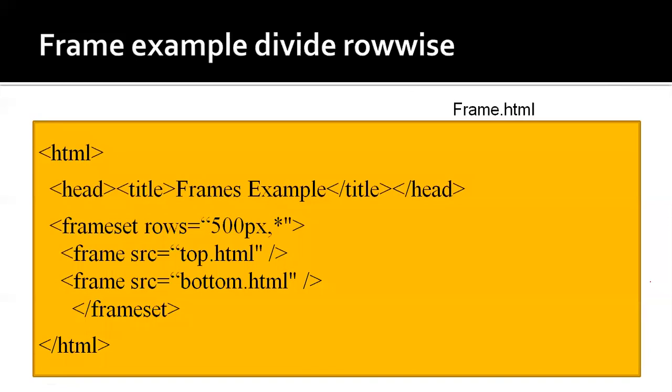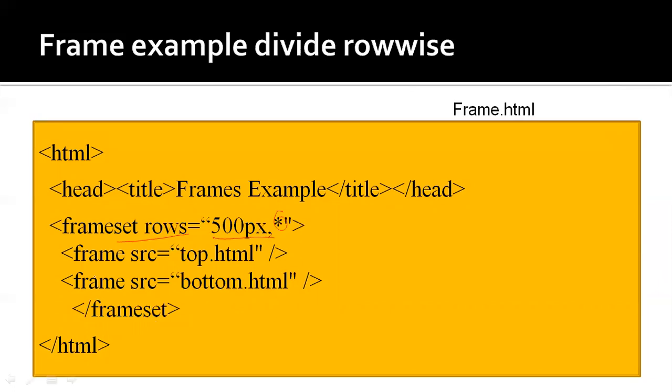Let's see the next example, to divide the browser screen into two rows. For dividing into multiple rows, we can write frame set rows is equal to 500 pixels, comma, asterisk. It means the remaining area.